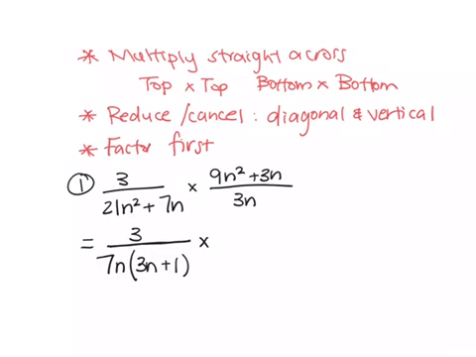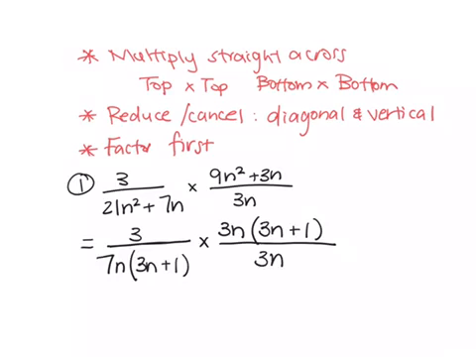So 9 and 3 are both divisible by 3, and they also both have an n in common. So now 9n squared divided by 3n would leave you with 3n, and 3n divided by 3n would leave you with positive 1. And then this final denominator is a monomial. Remember, monomial means just a single piece, so we're not going to break that down.